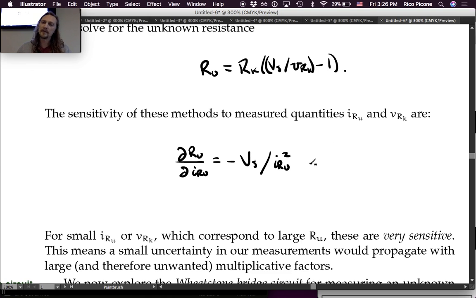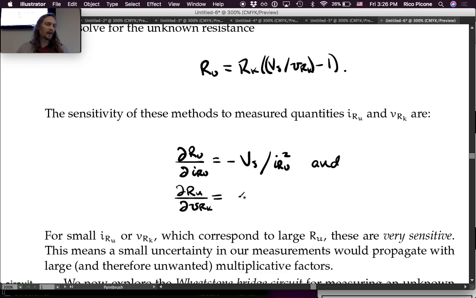So that's the sensitivity for the case where we measure the current and the voltage to back out what the resistance is. And in the other case, we have dRU/dVRK, and so that's this expression here.